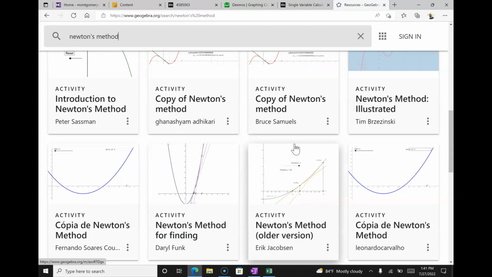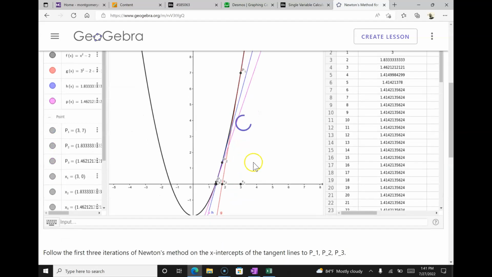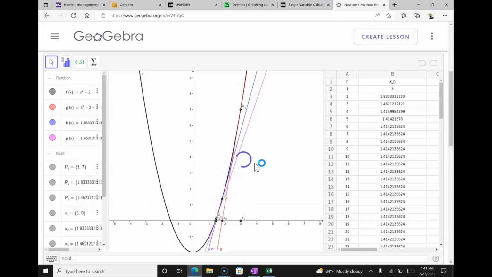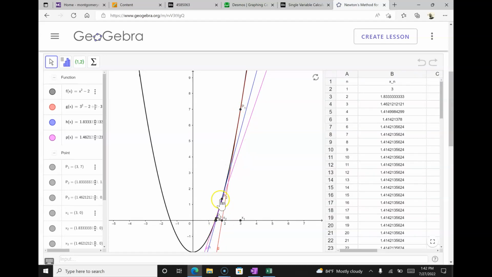When I want you to give me a graph of how many tangent lines until you get to the solution, this is an easy way to do that. So you can see x sub 1 is giving me P1 and then the red tangent line. And then from there, I get x sub 2. That's going up to P2 to the pink tangent line. Right? You with me?